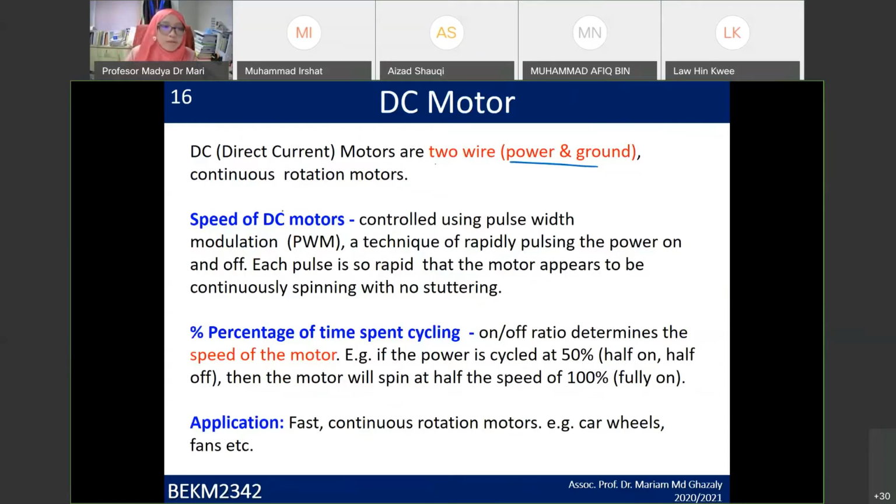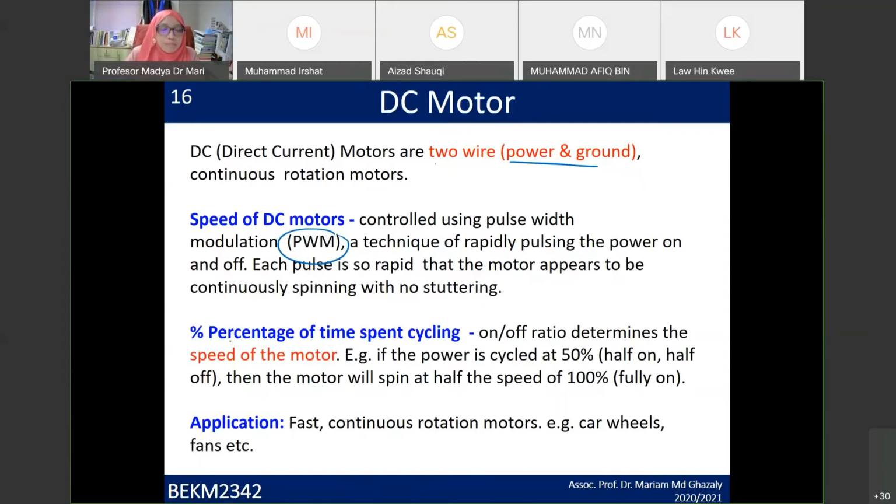For the DC motor, you can control the speed using pulse width modulation. Remember you learned this in measurement systems, signal conditioning, and pulse modulation.